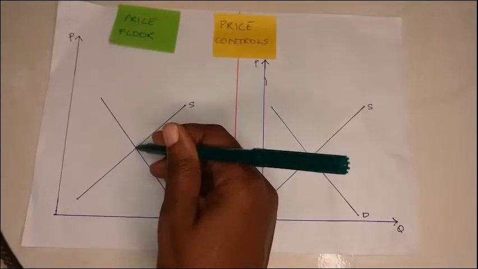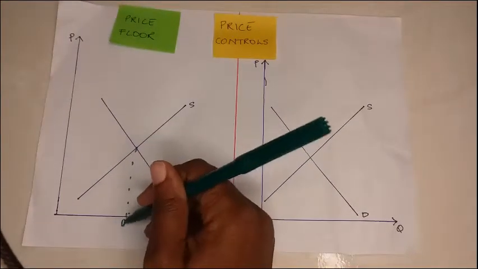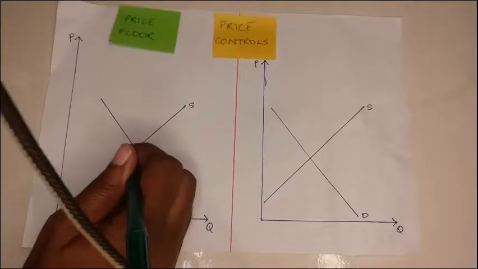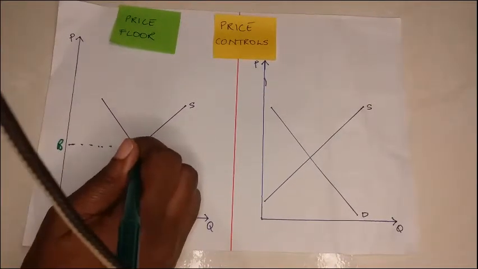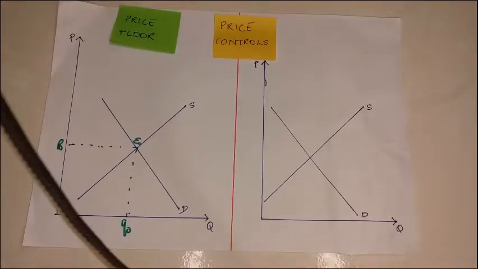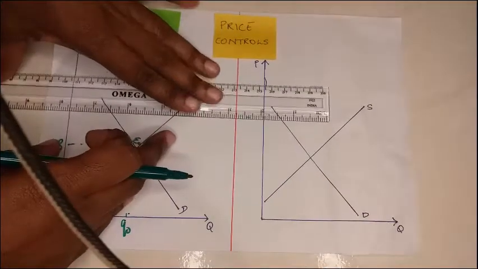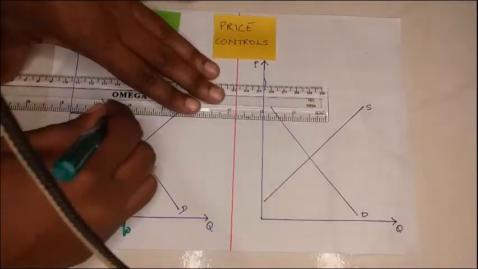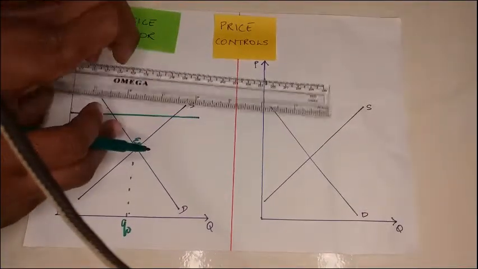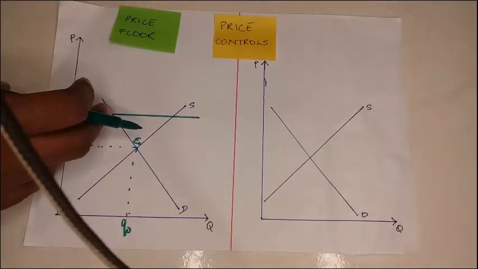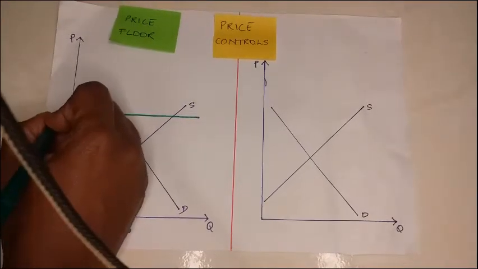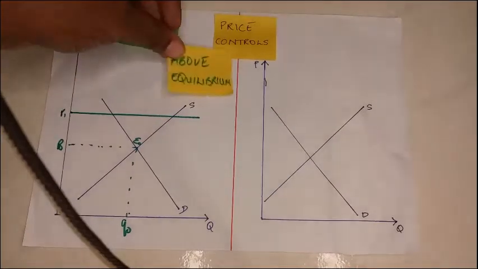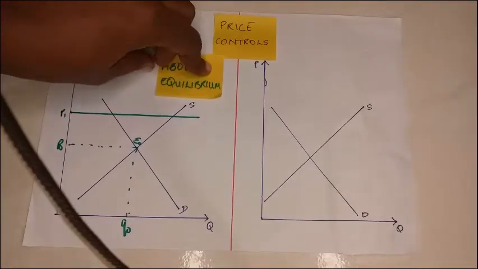So if this were our equilibrium point here, Q0, P0, and we have our equilibrium here, our price floor will occur above this point. So we can call this P1. So notice it is above the equilibrium.